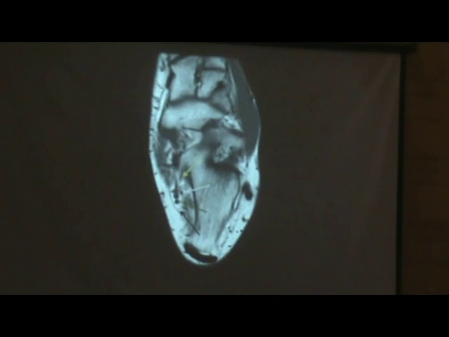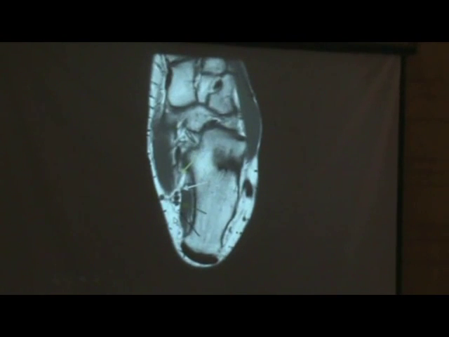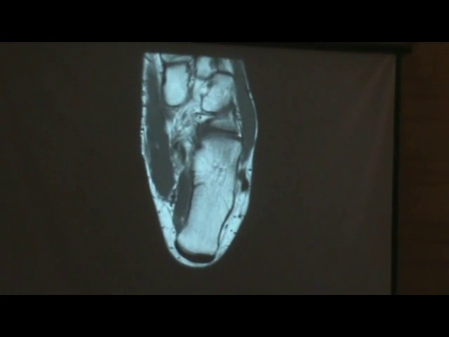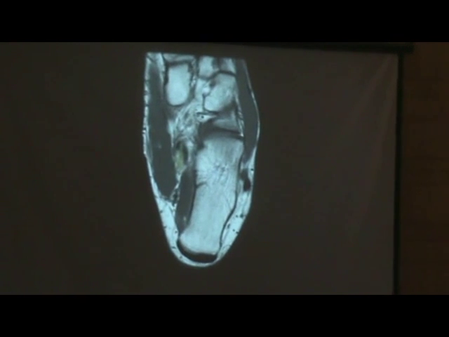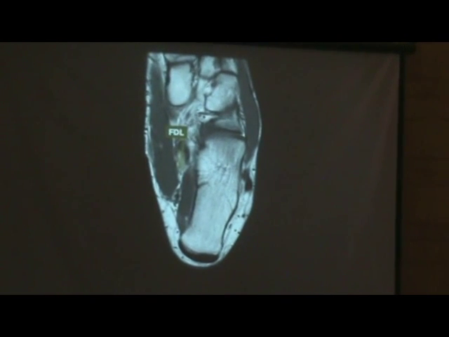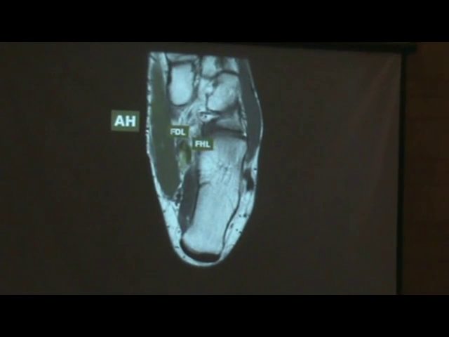We always have the vessels here, medially, as you can see. At this stage we see the medial plantar neurovascular bundle, surrounded by the flexor digitorum tendons and flexor hallucis tendons, as well as some muscles, the abductor hallucis muscle.